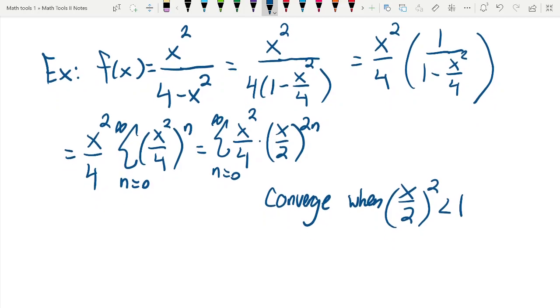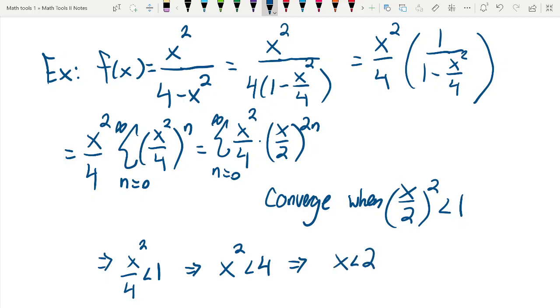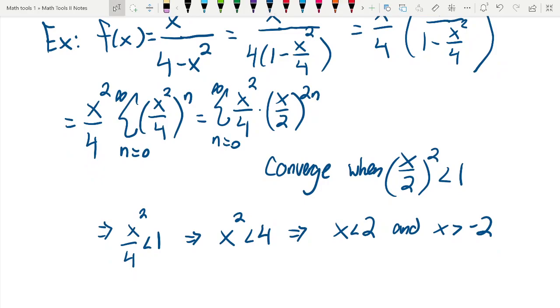So in other words, x squared over 4 is less than 1. Okay. So we can go ahead and solve that. That's going to give you x squared is less than 4, which will give you that x is less than 2, and x is greater than negative 2 if you take the plus and minus of the square roots. So our interval of convergence here will be from negative 2 to 2, making the radius of convergence 2.